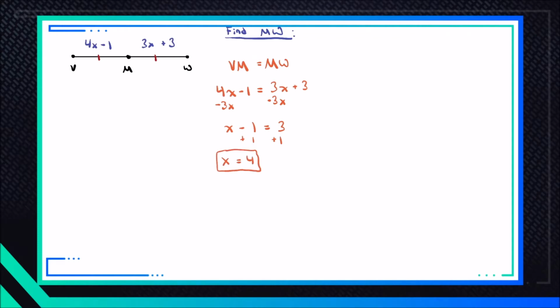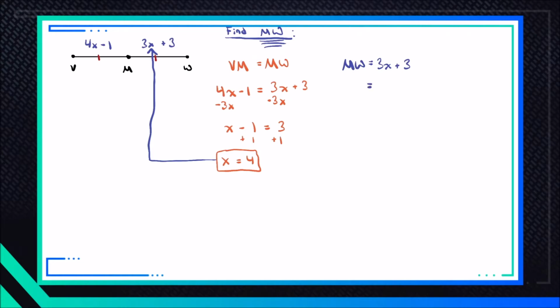Now, if you're taking a multiple choice exam, I guarantee one of your answers is going to be x is equal to 4. But that is not what we want. We need to take this x is equal to 4 and plug it back in up there because we want the length of MW. So remember that MW is equal to 3x plus 3.